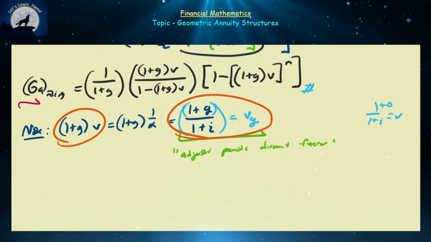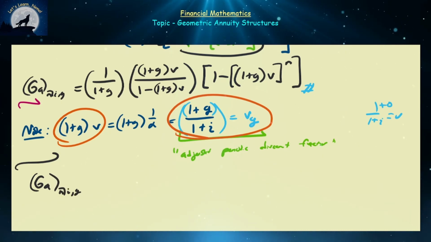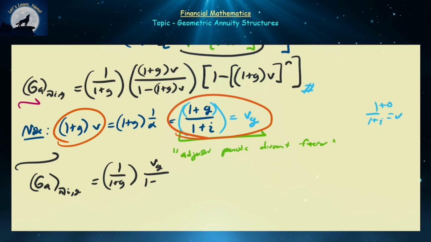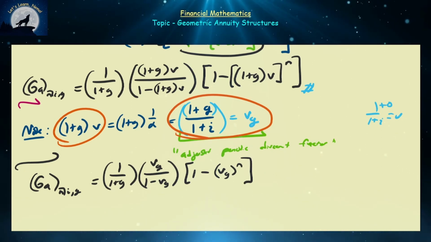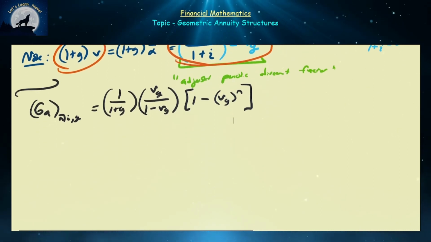So that's cool. So let's go back to our relationship for GA and i_g. So that's going to be the geometric increase in n, and then i, and then g will be equal to what? So we have 1 over 1 plus g times nu_g over 1 minus nu_g, and then we have 1 minus nu_g to the power of n. And you're like, this looks awfully familiar. And you would be right.